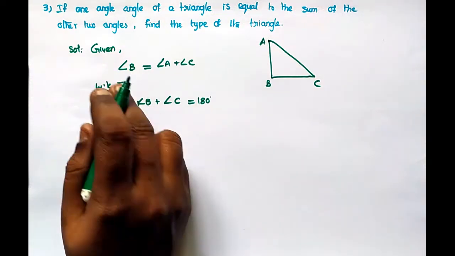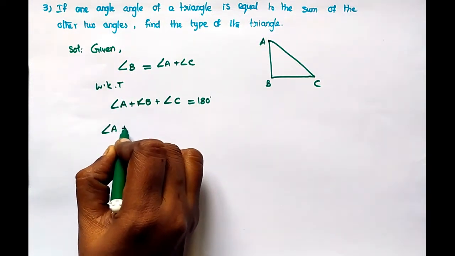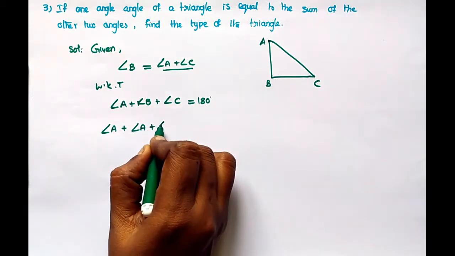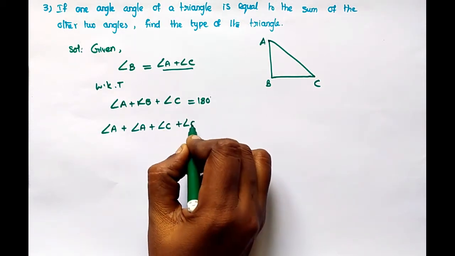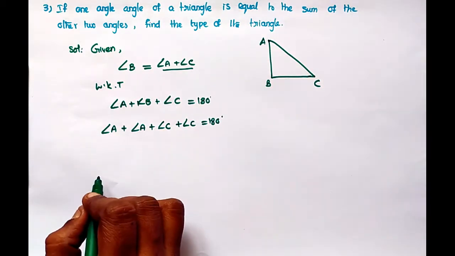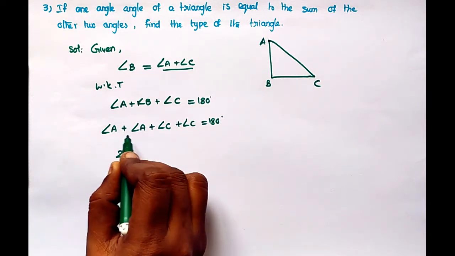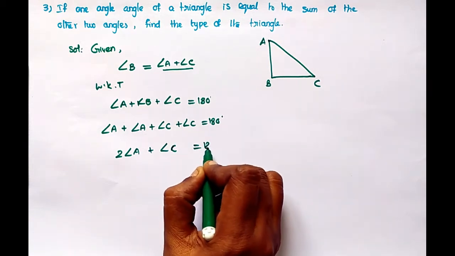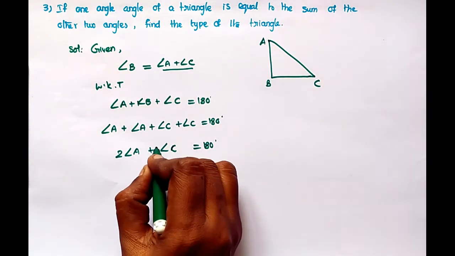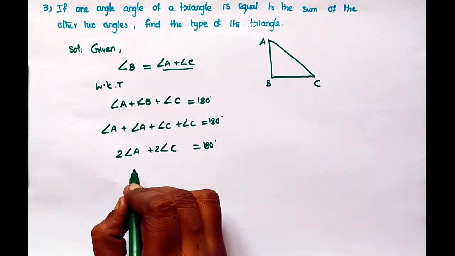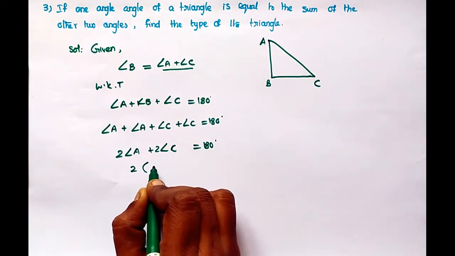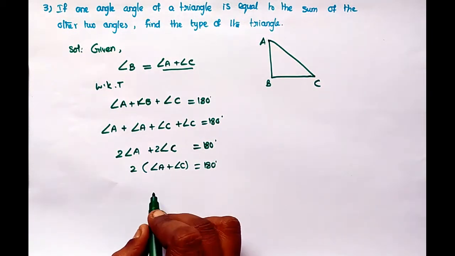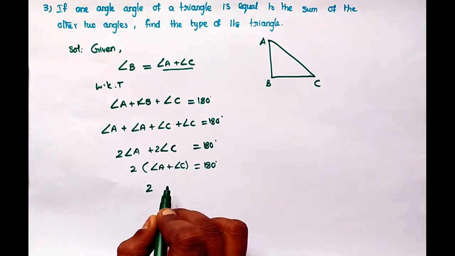Now substitute the value of B. Instead of angle B we substitute this value. So angle A plus angle A plus angle C plus angle C is 180 degrees. So 2 angle A plus 2 angle C equals 180 degrees. Now take the 2 as common. So inside the bracket, angle A plus C equals what?